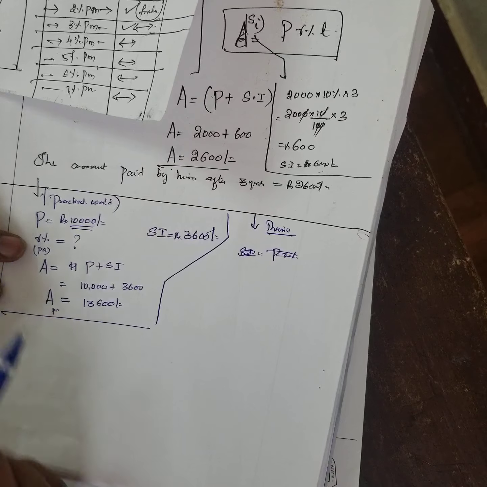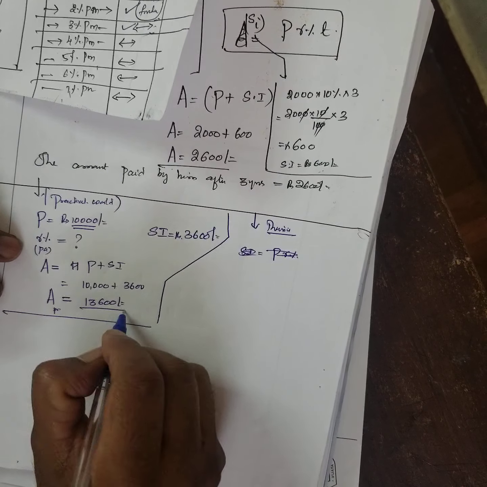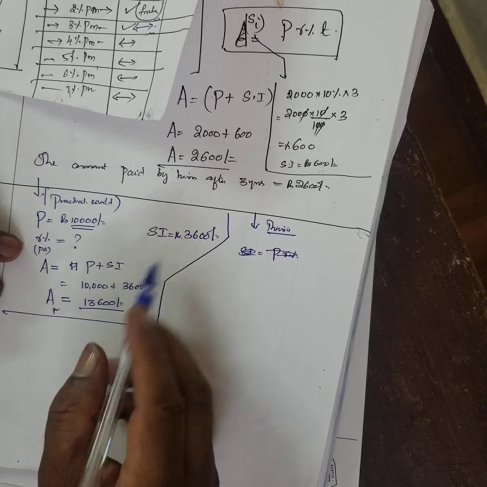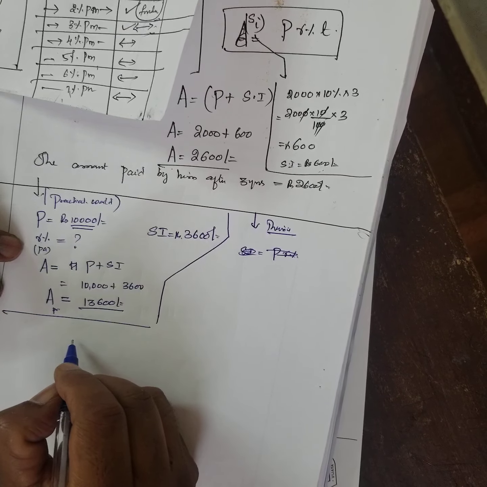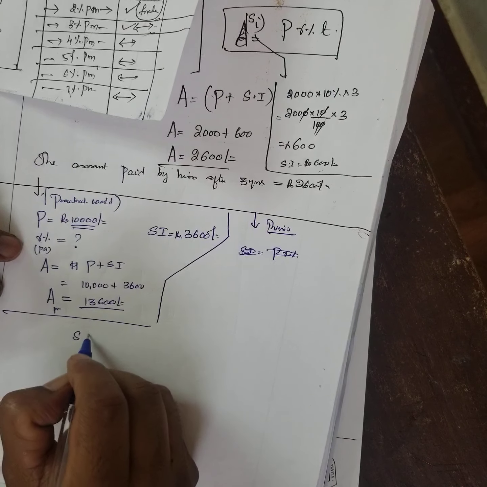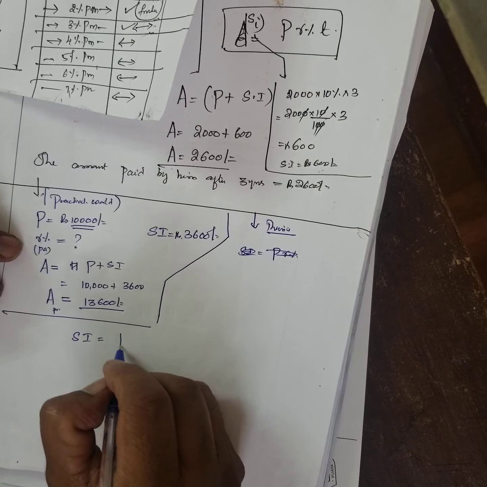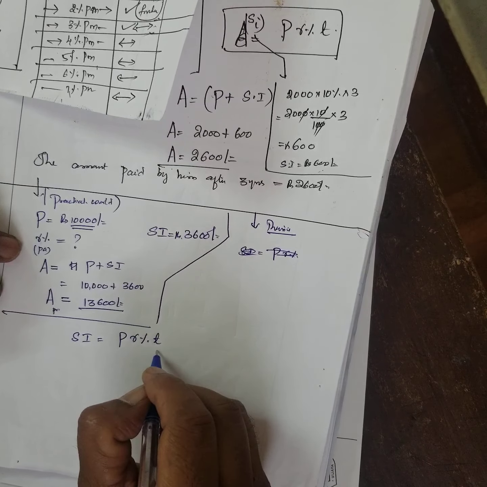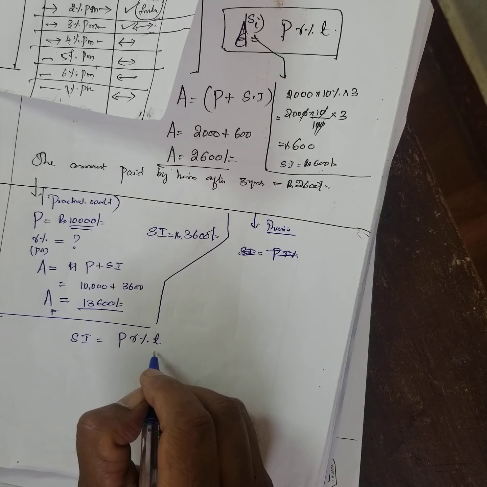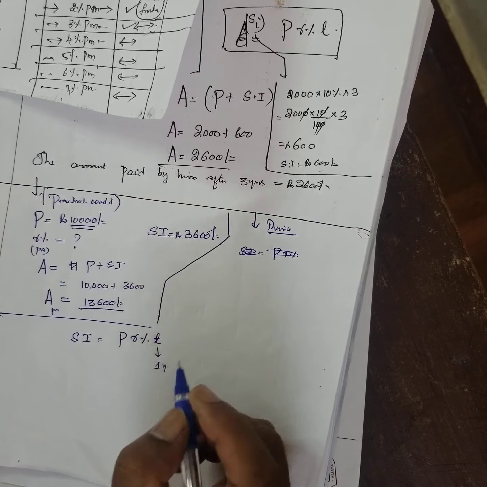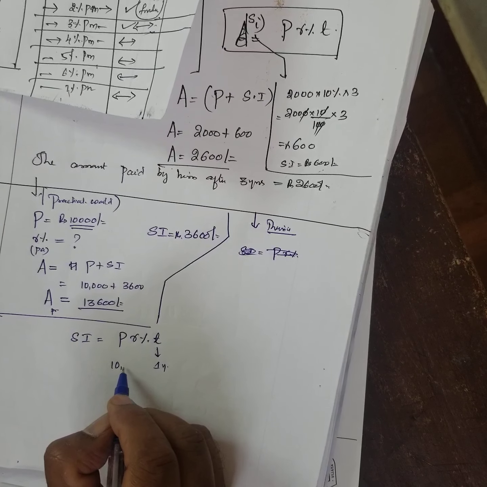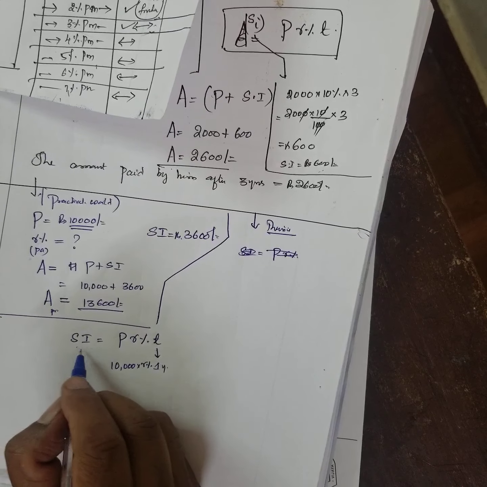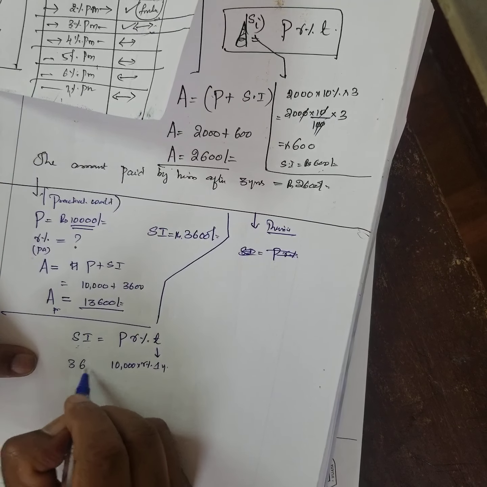Suppose the total amount is 13,000. What will be the rate of interest? Say here, simple interest is equal to principal into rate of interest into time. Time is equal to 1 year. Principal is 10,000 into rate of interest you want to know. Simple interest is how much? 3,600.